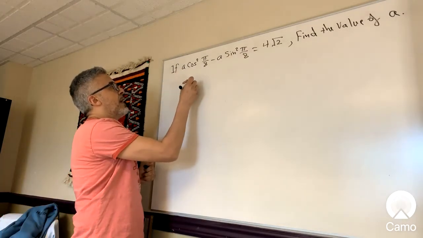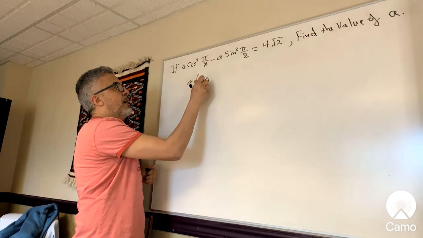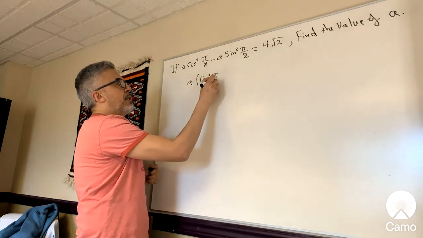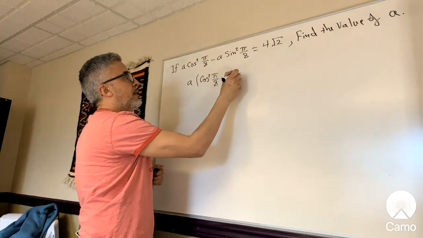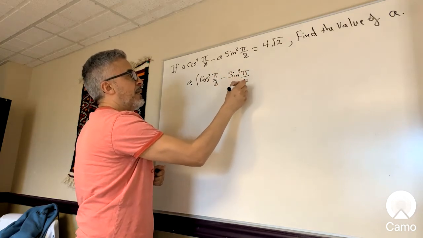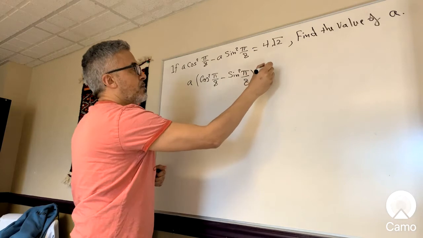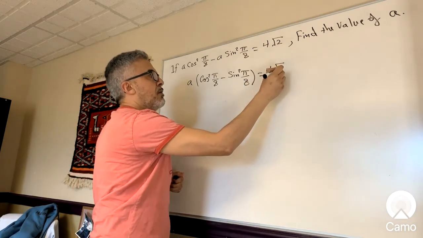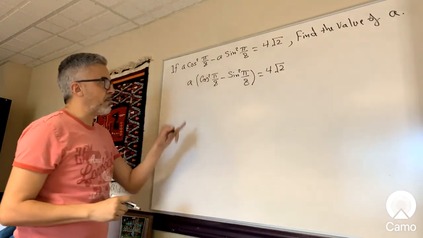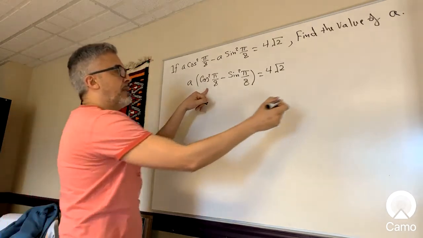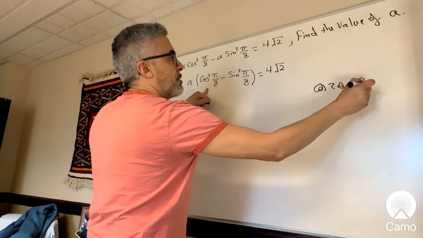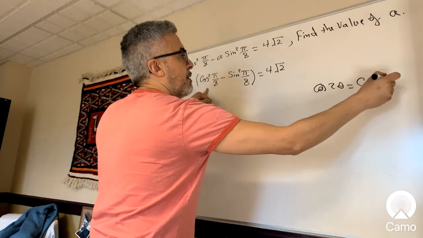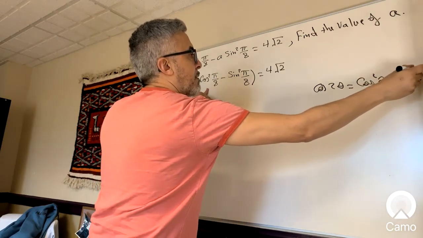So a, and then we have cos squared pi/8 minus sine squared pi/8 equals 4√2. Now this is the double angle identity for cos 2 theta, which equals cos squared theta minus sine squared theta.